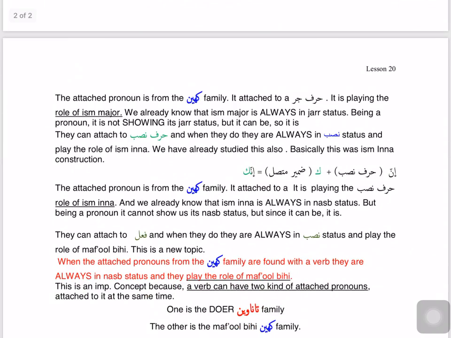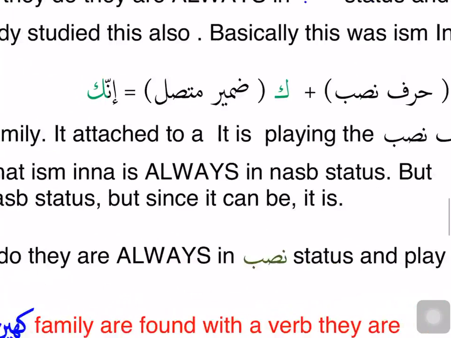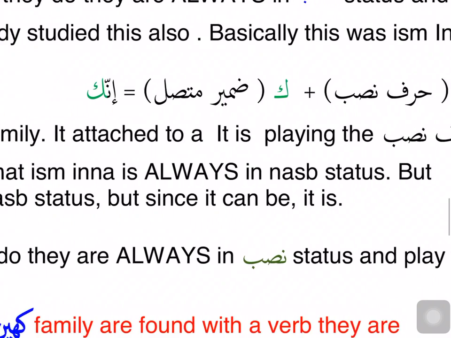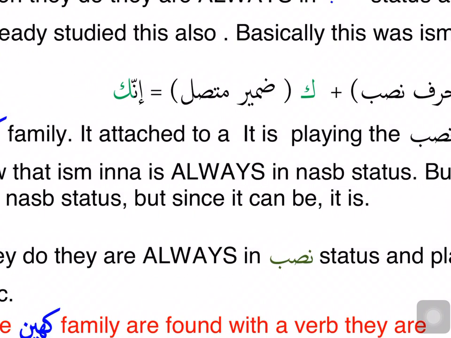Third scenario. Actually, I want to go to the fourth scenario first. If the kaheen pronoun attaches to a harf of nasb: inna, anna, ka'anna, layta, lakinna, la'alla. In this case, you will say that your damir is ism inna or ism anna, whatever harf you're attaching it to.